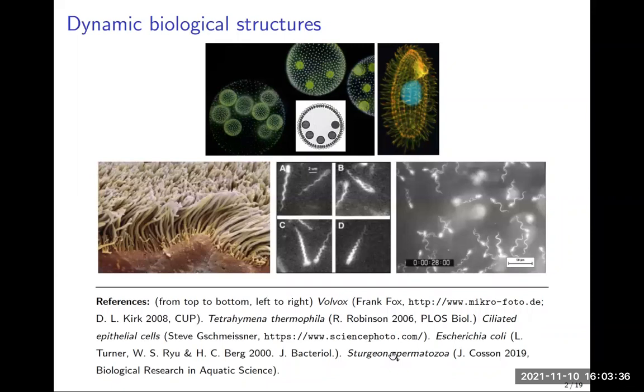So the type of fluids that I work on are around these dynamic biological structures, more specifically microstructures. So here I'm showing you a few examples. On the first row, you see volvox communities of these green algae.